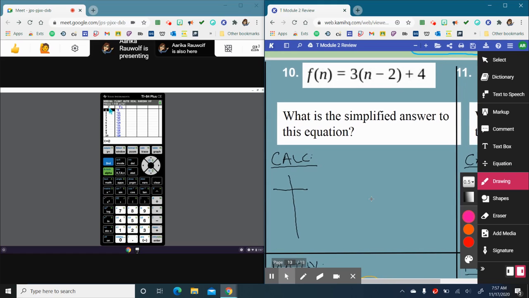So let's look at this next guy here. We have f of n is equal to 3 times the quantity n minus 2 plus 4. So in my calculator, y equals, clear this, type it in exactly: 3, parentheses, variable button, minus 2, parentheses, plus 4.